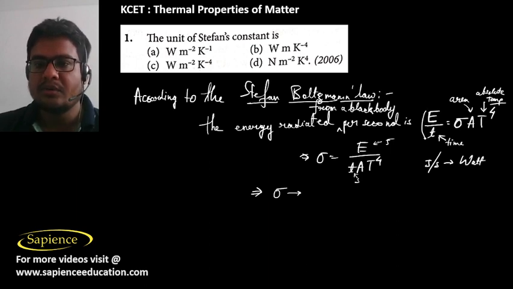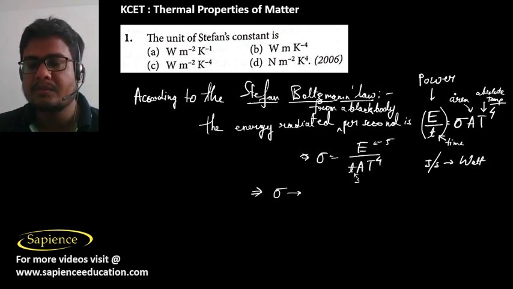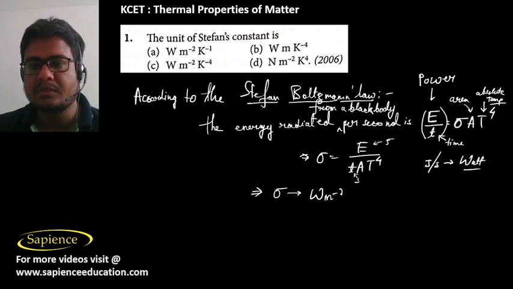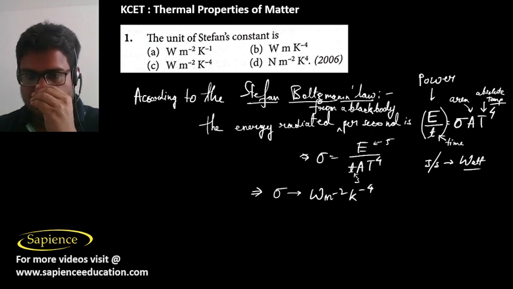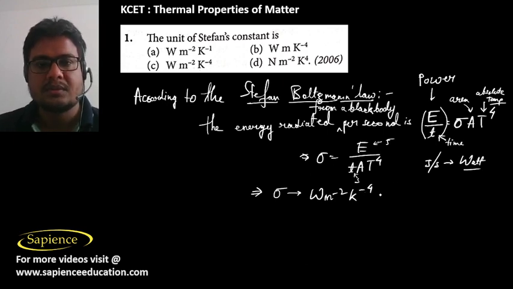The unit of energy per unit time is called power, and the SI unit of power is watt. So it will be watt per meter square per Kelvin power 4, that is watt meter power minus 2 Kelvin power minus 4. Therefore option C is the correct answer.